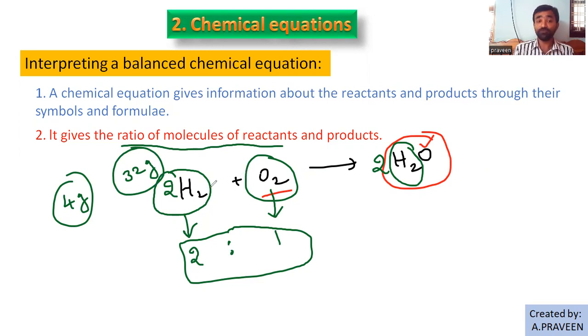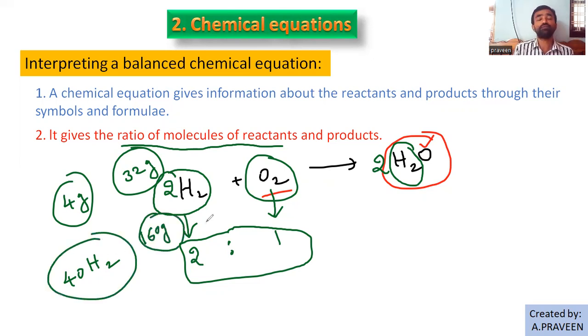If you provide, sir, I will provide 40 grams of hydrogen, sir. I will provide 320 grams of oxygen, or sir, not 320 grams, I will provide just 160 grams, right? Whatever quantity is given by you, it will maintain the same ratio.